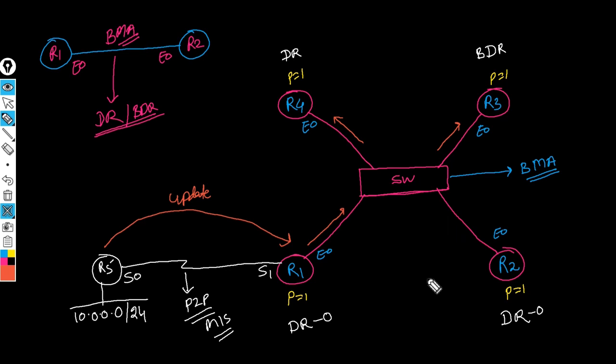The moment the update is received here at router 1, router 1's job is to update the DR and BDR. The BDR's job is to take the update and keep quiet.